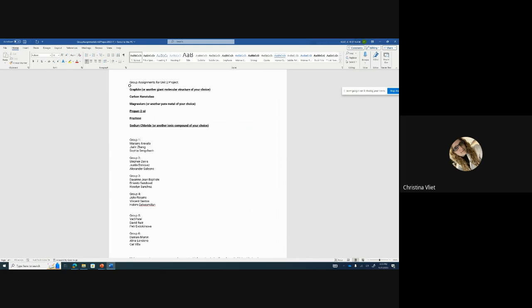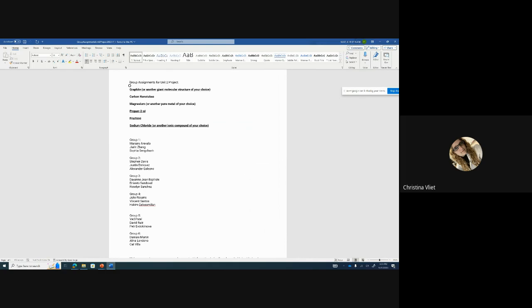And the last one would be carbon nanotubes, if you're interested in that. So that's one group. Another group is going to be actually given carbon nanotubes to study. Another group is going to be given magnesium, or if you have a fancy or preference for a different metal you would like to study, it has to be a pure metal. So you could study gold, you could study sodium, and then you'll see in the project requirements what you have to answer about that.